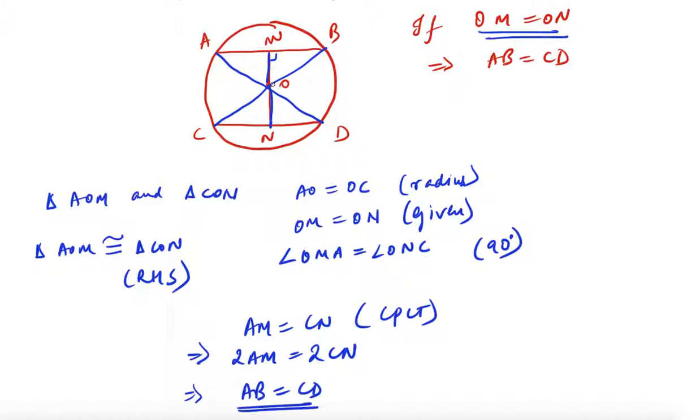Because you know that the perpendicular drawn from the center to the chord bisects the chord. You can easily understand the proof of this when you watch the previous video. So we'll use the same concept here, that is 2 times AM is equal to AB and 2 times CN is equal to CD. Hence AB is equal to CD, hence this theorem is also proved.